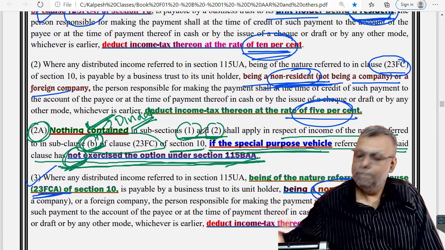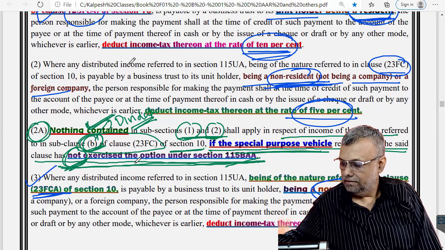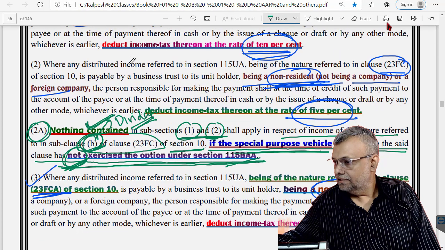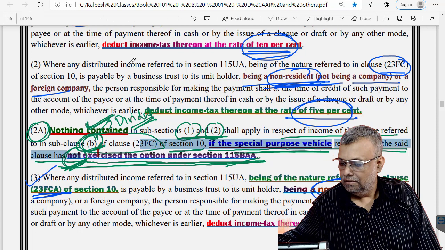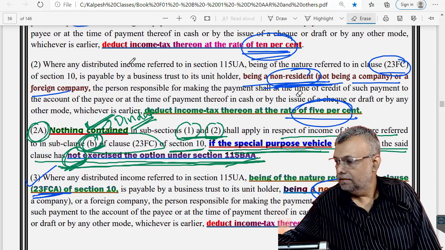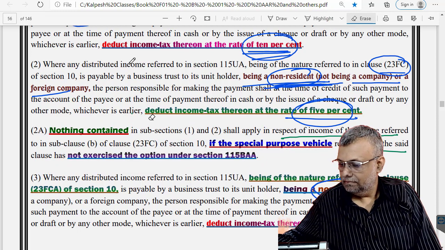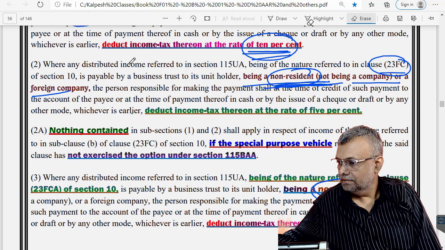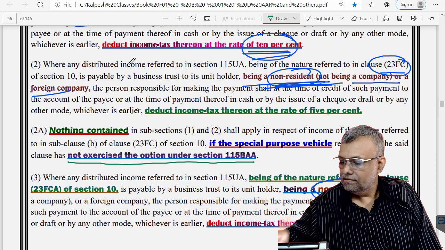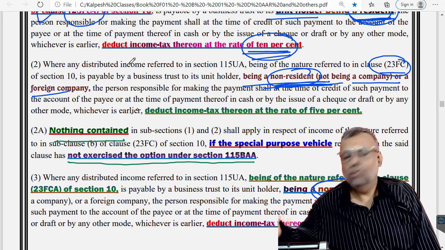Is that very much clear? So further, I guess this point is very much clear. If it has exercised the option under 115 BAA, then it will become taxable, and if it has not exercised, then it is not taxable, so no TDS.